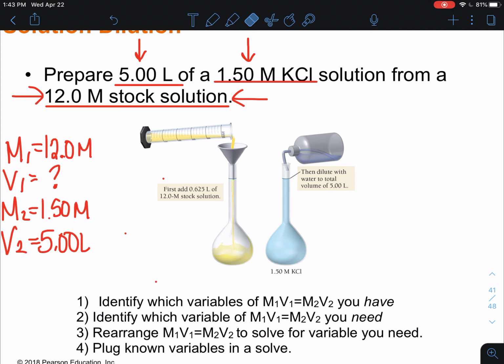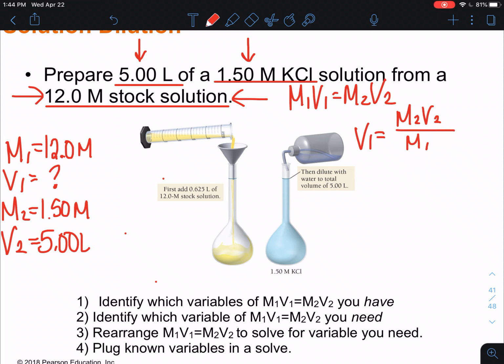So remember, again, M1 V1 equals M2 V2. We're going to rearrange and solve for V1. That means that V1 is equal to M2 V2 over M1. Right?